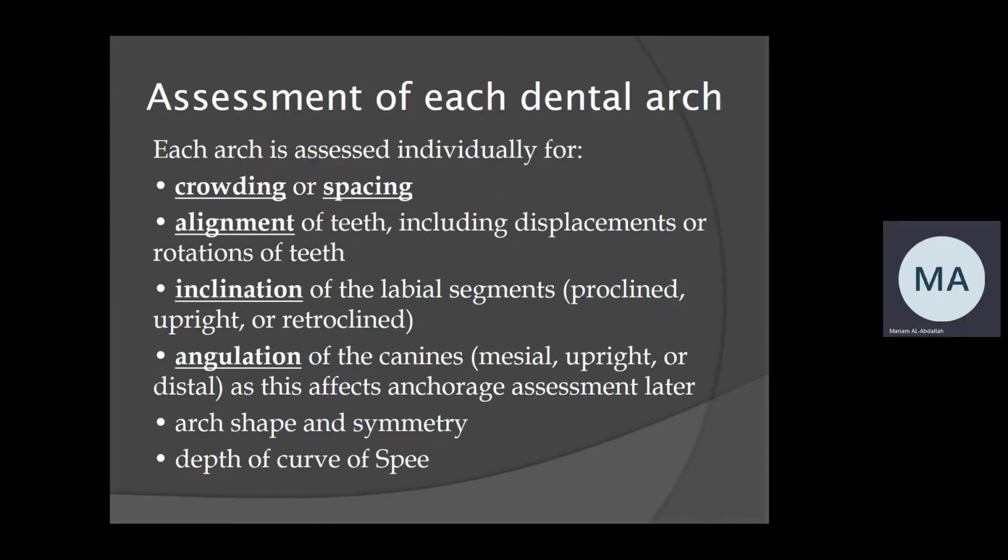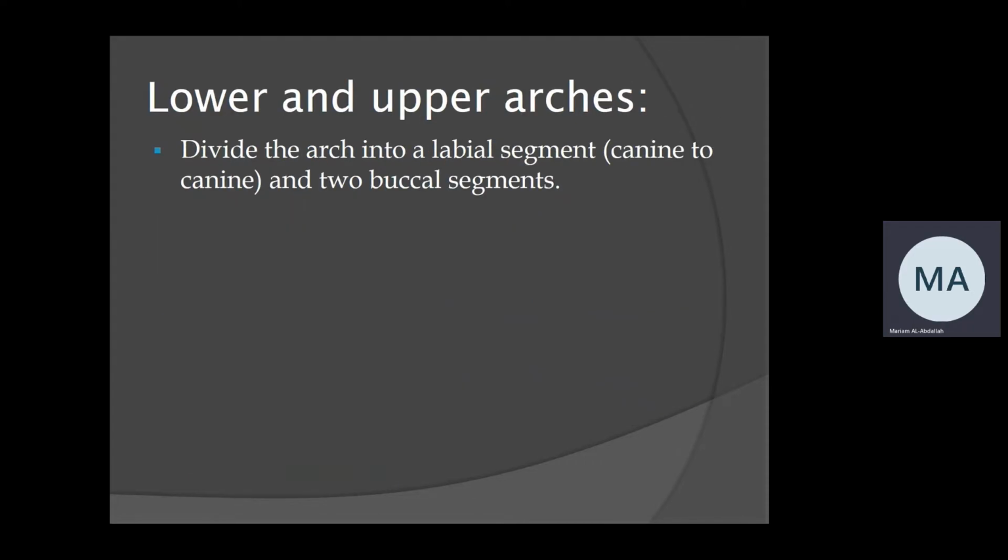Now we look at each arch alone in order to assess crowding or spacing, alignment of teeth and displacement or rotation, inclination in the buccolingual direction, angulation in the mesiodistal direction, and then arch shape and symmetry and depth of curve of Spee.